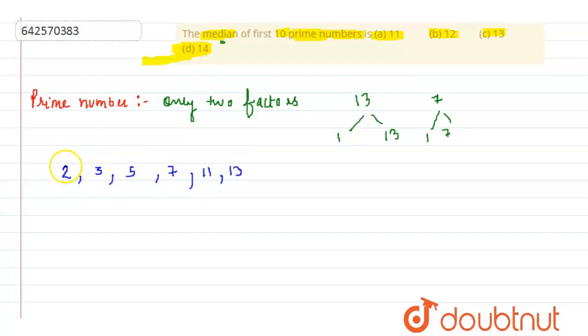After 13 you will have 17, and then 19. So the prime numbers you have are 2, 3, 5, 7, 11, 13, 17, 19. So these are the first 10 prime numbers.